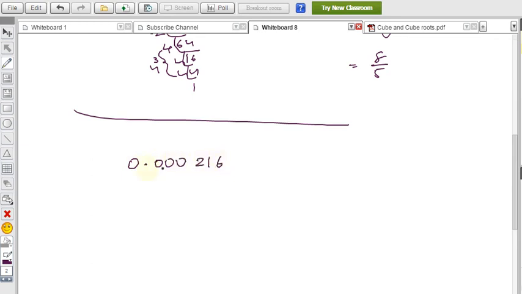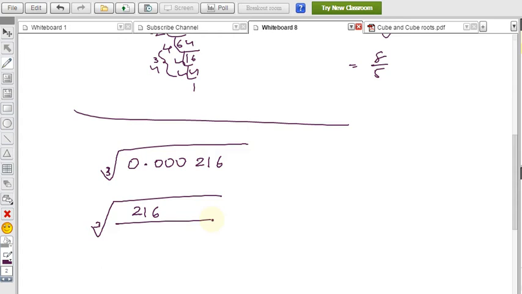Cube root of 0.000216. Without the point you write the number, then after the point however many digits, that many zeros you take. That is in terms of fractions. 0.000216 in fractions is 216 by 1 followed by 6 zeros, meaning ones, tens, hundreds, thousands, 10,000, lakhs, 10 lakhs.